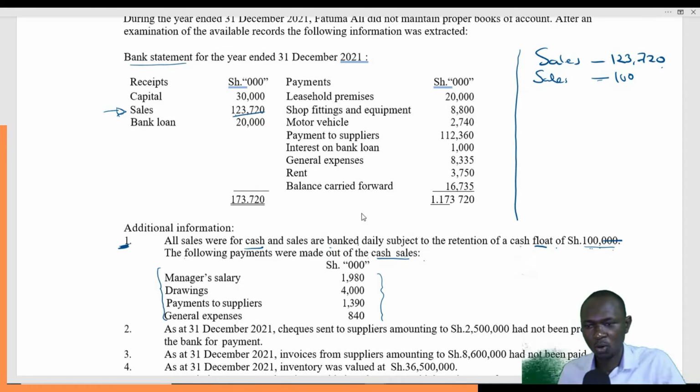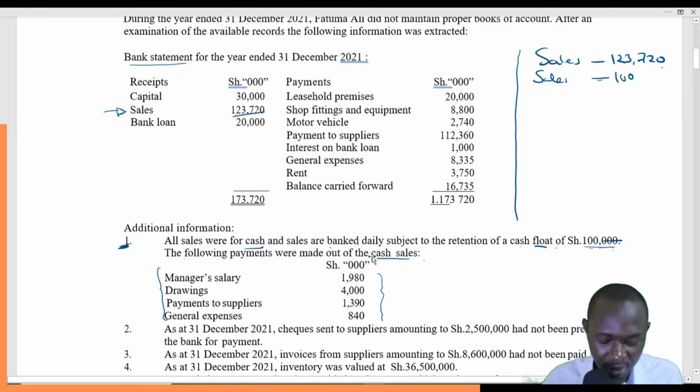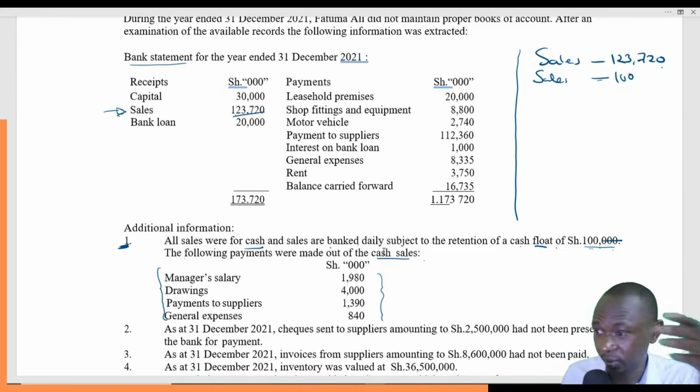There we go. Let's proceed. So we'll have 1980 plus 4,000 plus 1390 plus 840. This gives us 8210. So these are cash sales that were spent at source.